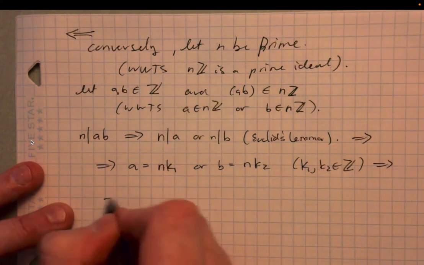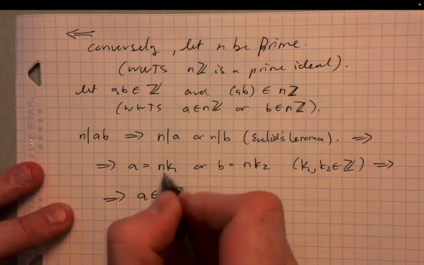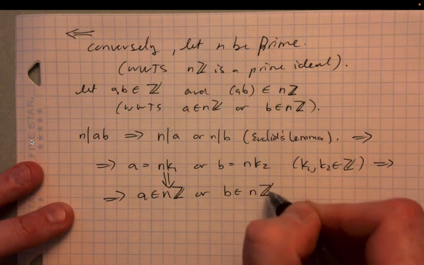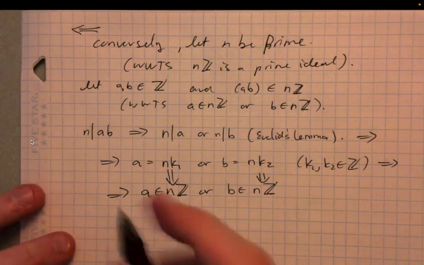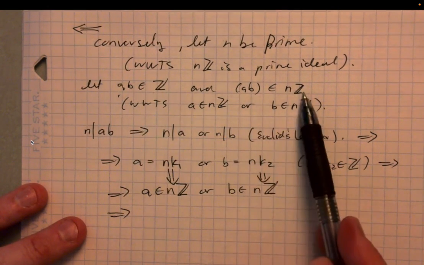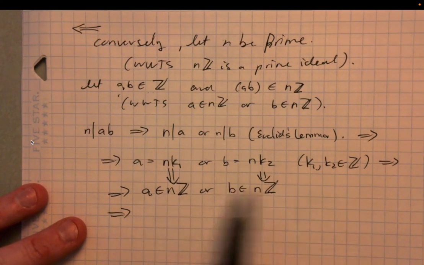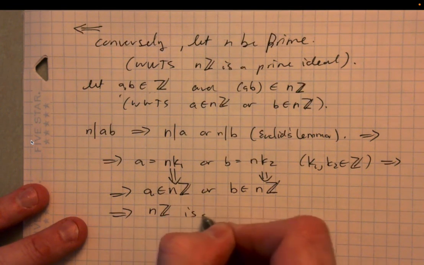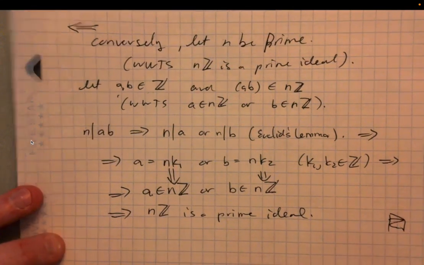Well, then that's it. That means a is in nZ, or b is in nZ. We don't know which, but one of them has to be there. And so if a, b are in Z and the product is in nZ, and that together implies that a or b is in nZ, then nZ is a prime ideal. And so that's that.